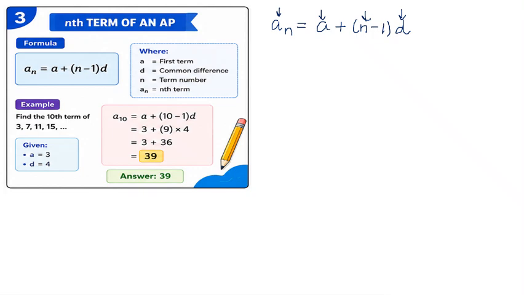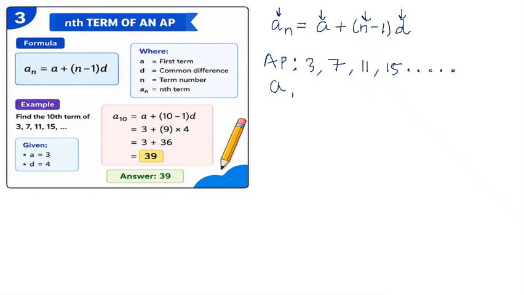And how will we use this? With the help of one question we can do that. Let's say the question is, find the 11th term of the AP, and the AP given is 3, 7, 11, and 15. This is one AP given, and the question is to find the 10th term or 11th term, and so on.